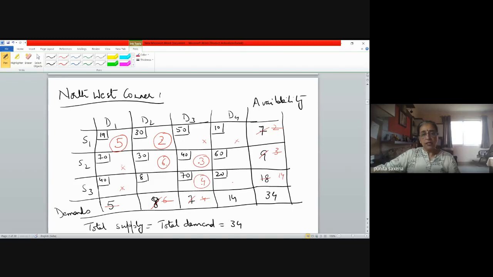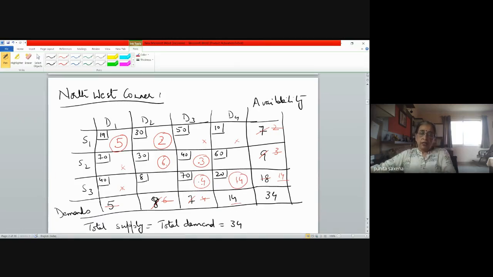So we come here. Now you see, they are exactly equal, the availability and the demand. This will happen because your problem was a balanced transportation problem. So you'll end up with this.